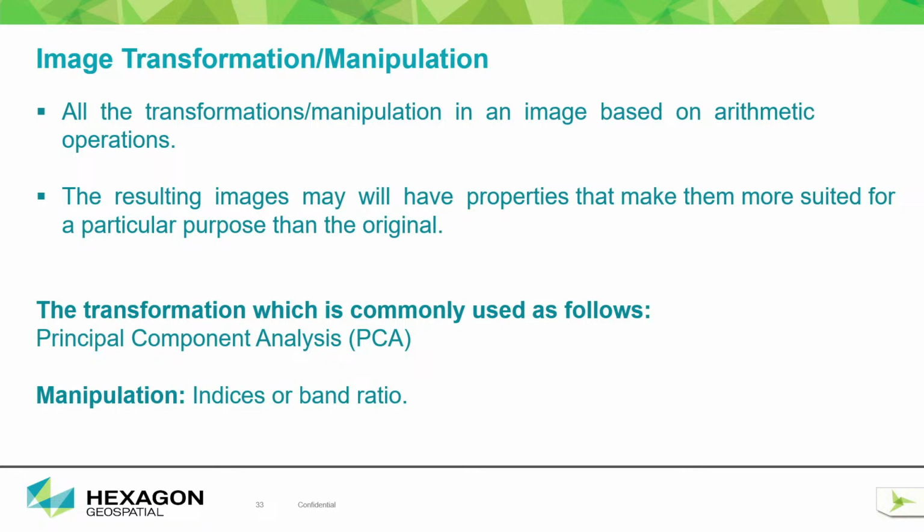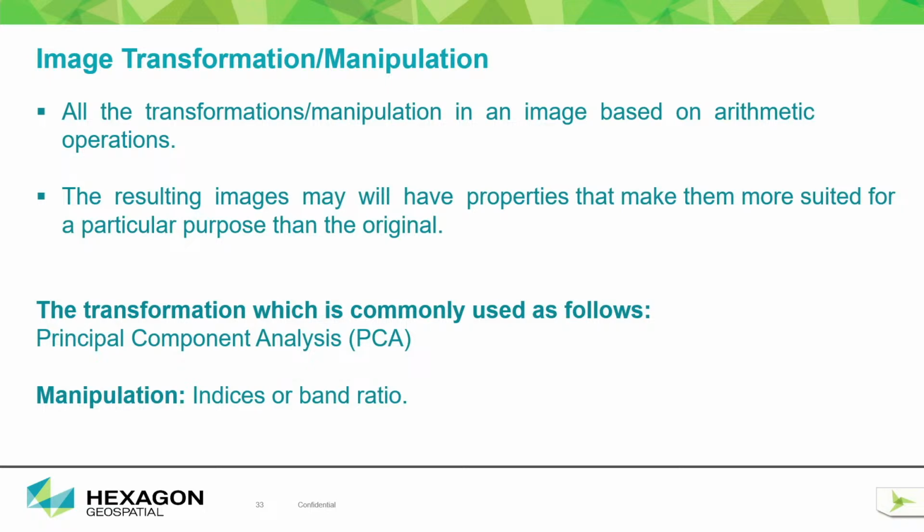So using this, you can develop some mathematical formula to convert the band information to a product information. So, why do we use the image transformation? To convert the raw satellite data information to a product information, we will basically use the image transformation.